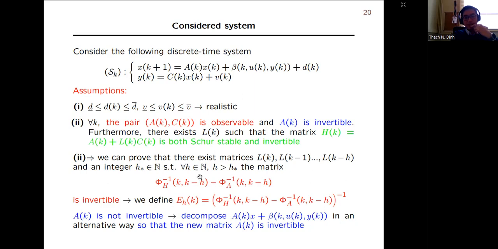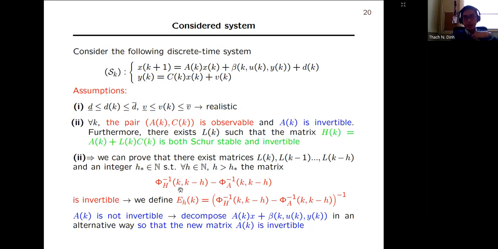We suppose that there exist matrices Lk until Lk minus S and an integer S star, such that for all S greater than S star, the matrix phi S minus 1 minus phi A minus 1 is invertible.